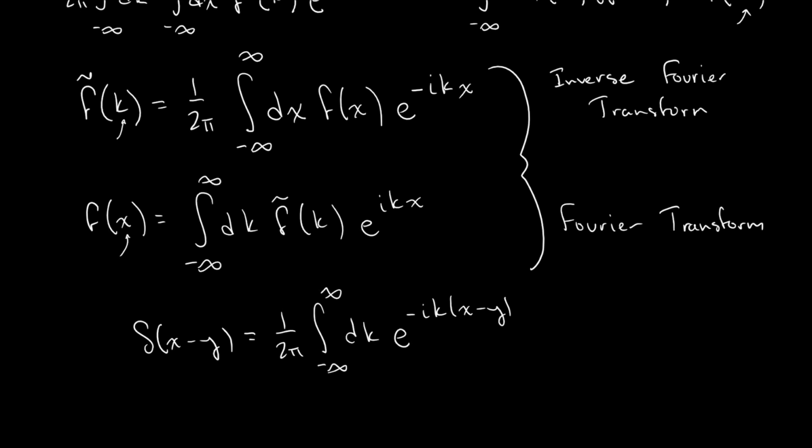So you can see these variables are very different things, but the functions defined on the space of those variables are related. In other words, I can describe the same physics. If I have some physics described by f of x, I can describe that same physics by f tilde of k.